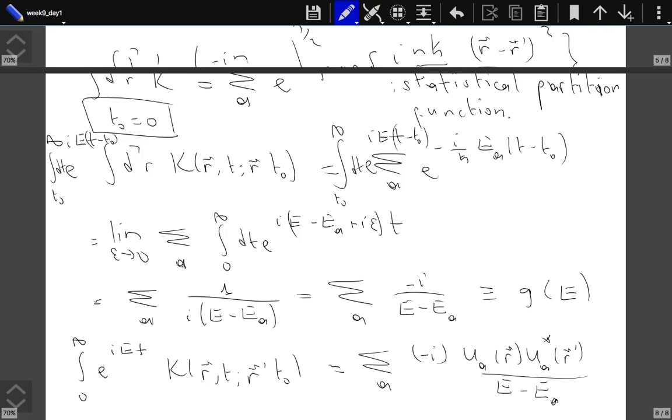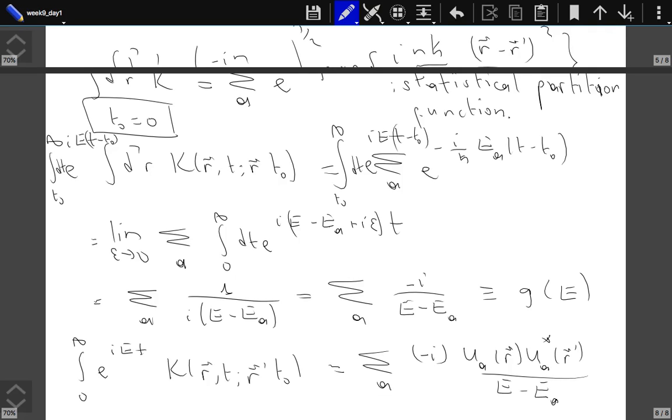So you see, this time integral of K has poles at the positions of my energy eigenvalues. If I evaluate it and find the position of the poles, then the residues at those poles are nothing but my wave functions.